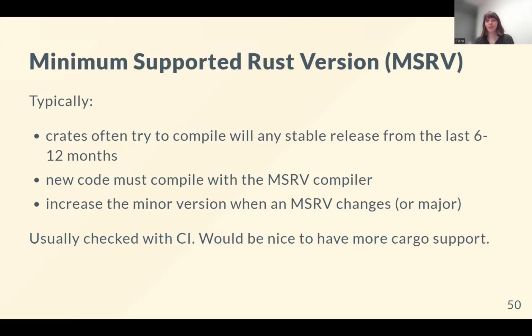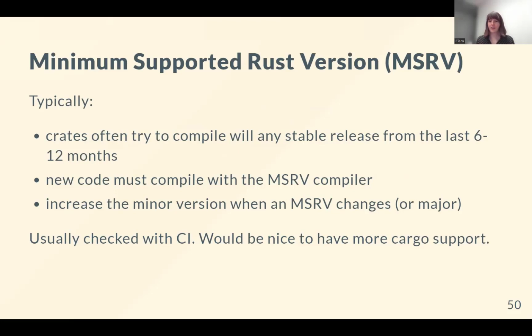On the topic of versioning, you can set a minimum supported Rust version. And if you are a library maintainer, then you really do want to give people time to update to a newer Rust version. You don't want to force people to update immediately. So crates will often try to compile with any stable release from the past 6 to 12 months.